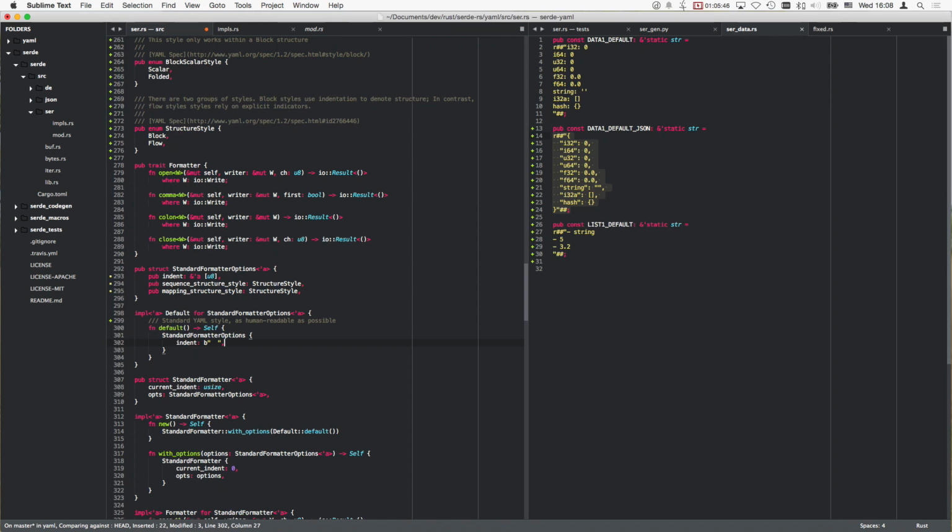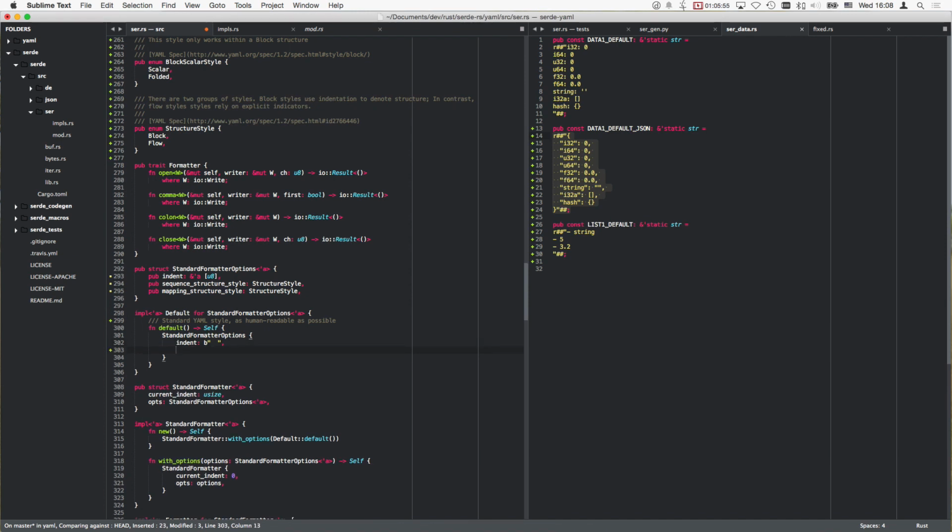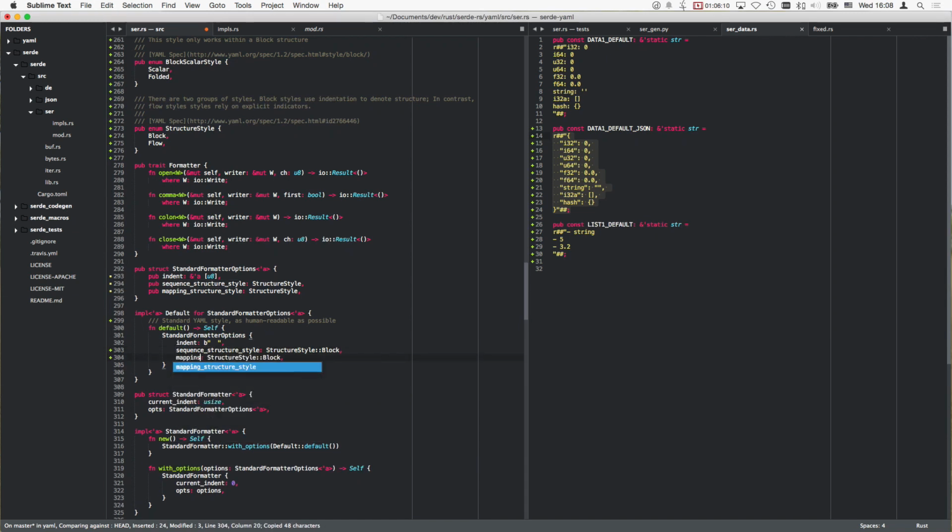Yeah, and the schema also plays a role at some point. So we should allow that to kind of be specified at least, or do something with it. But for now, I have no idea about this. So sequence structure style shall be a structure style block, and the mapping structure style is also block mapping.